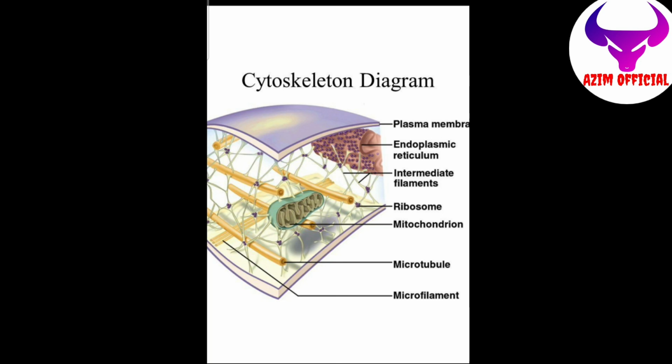Due to the presence of microfilaments, many cells can perform actions such as endocytosis, exocytosis, phagocytosis, and movement of the flagella. Do you know what endocytosis and exocytosis are? Anyone?